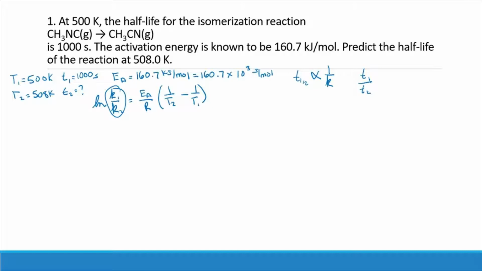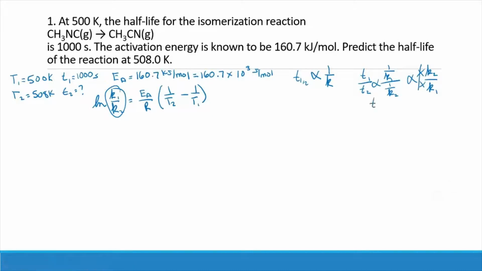And since T1 is proportional to 1 over K1, T2 is proportional to 1 over K2. And we can rewrite that as K2 over K1. And one thing that we also know is the proportionality constant is going to be the same. So if these were called X or something, they're going to cancel out.